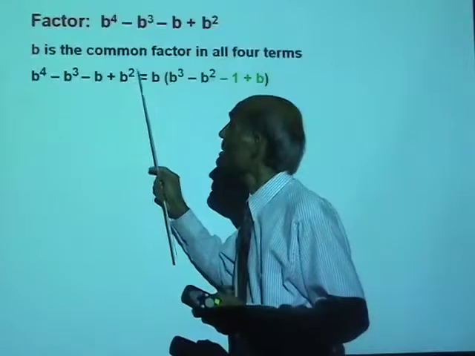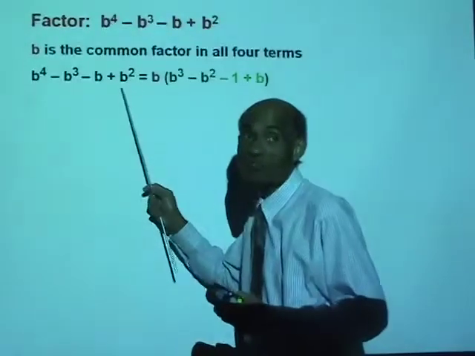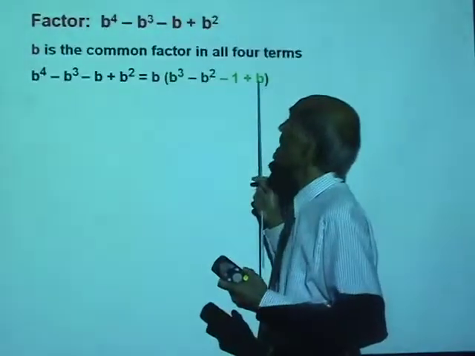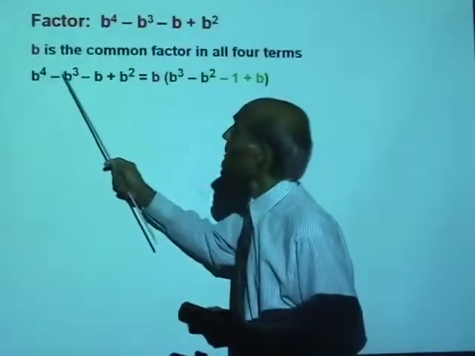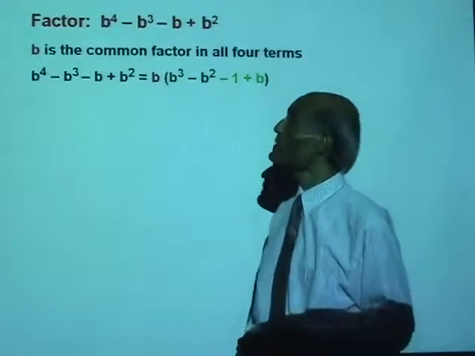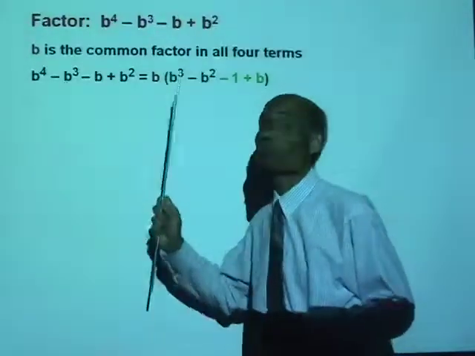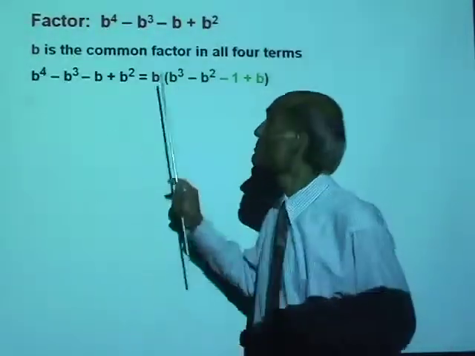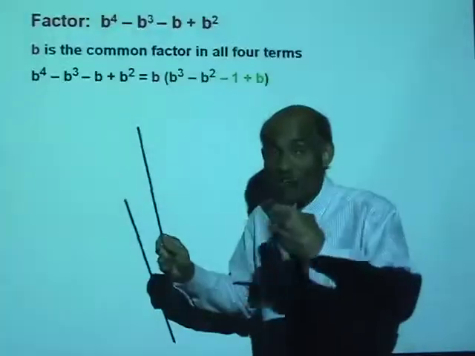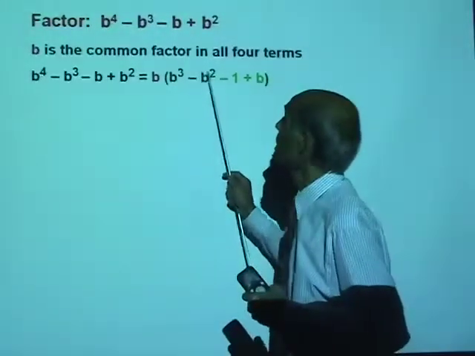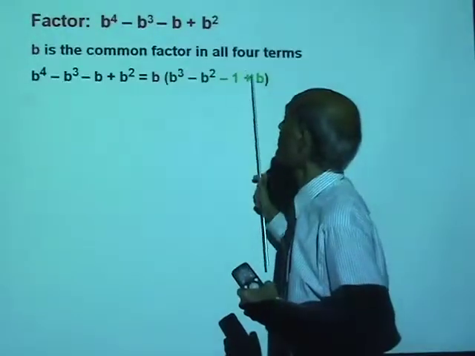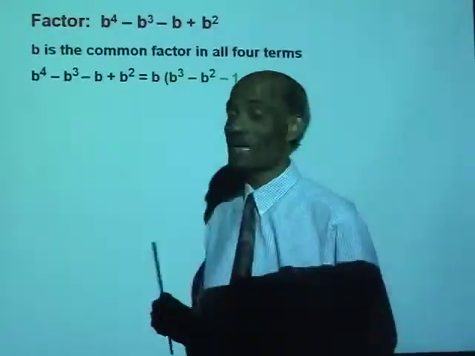And what is left in b squared after pulling out a b is b. So we got b to the power of 4 minus b cubed minus b plus b squared is b times b cubed minus b squared minus 1 plus b.